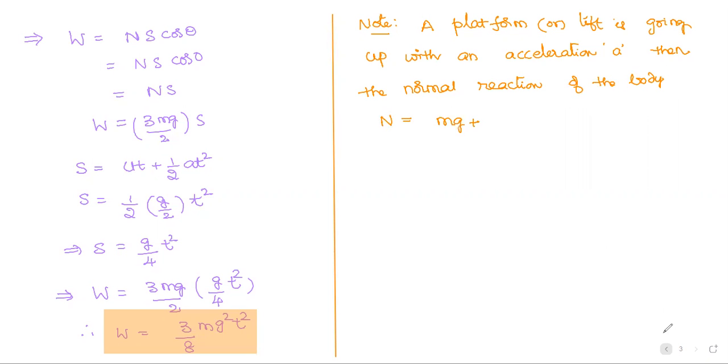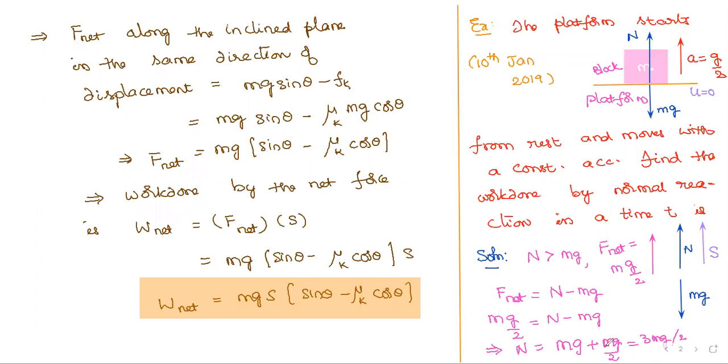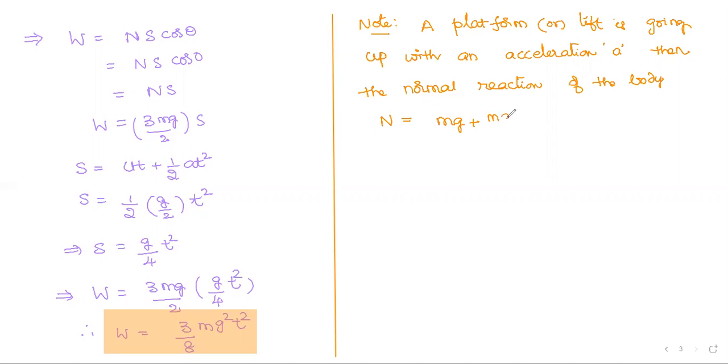No need to derive, already I derived in the previous question. g by 2 is nothing but a, so mg plus ma. Or you can write it by taking m common, m into g plus a. That is your wish. This is point 1 here.